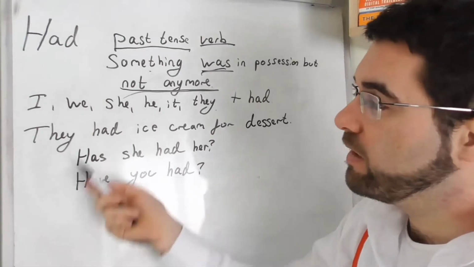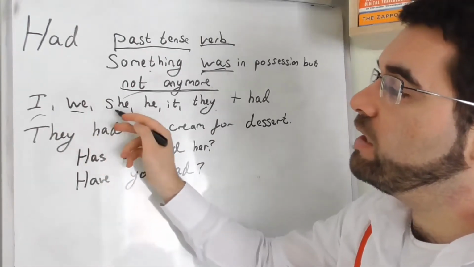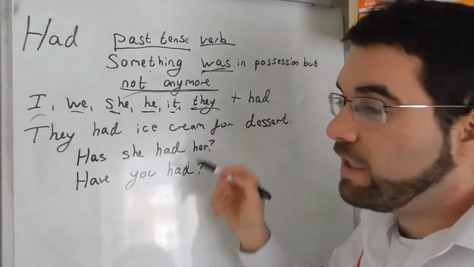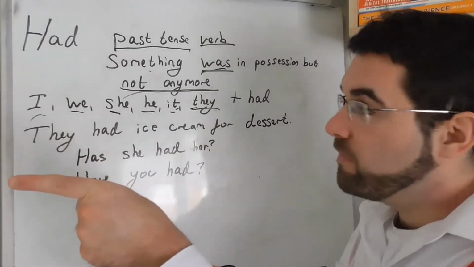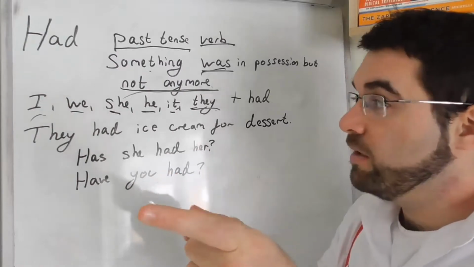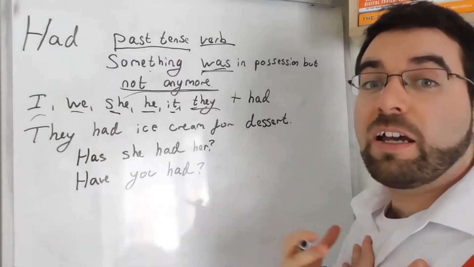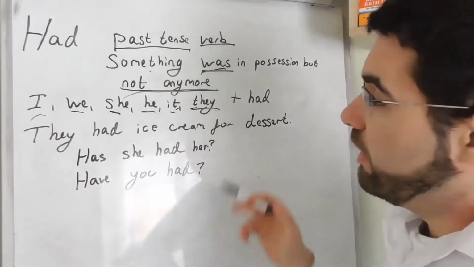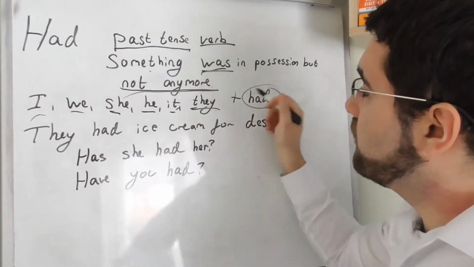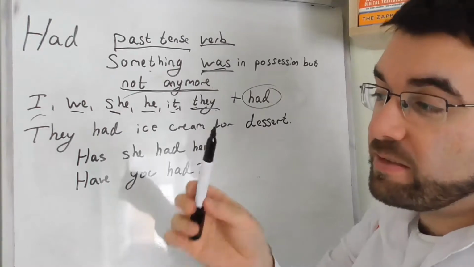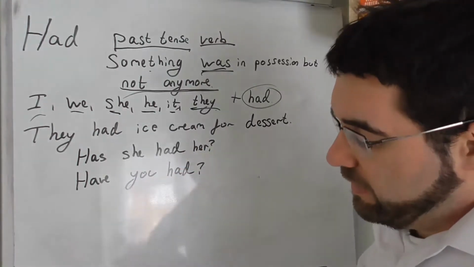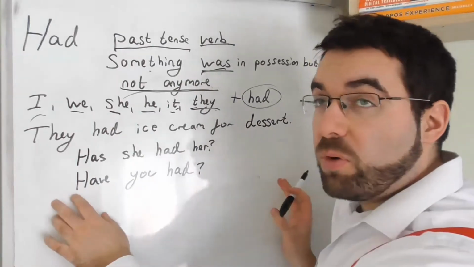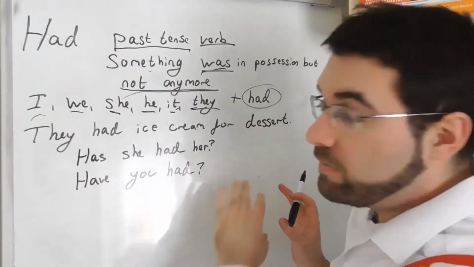Not anymore. So I, we, she, he, it, and they. They, it, he, she, we, and I. Excuse me. I had 2 pens, for example. I had a bigger whiteboard, but not anymore.